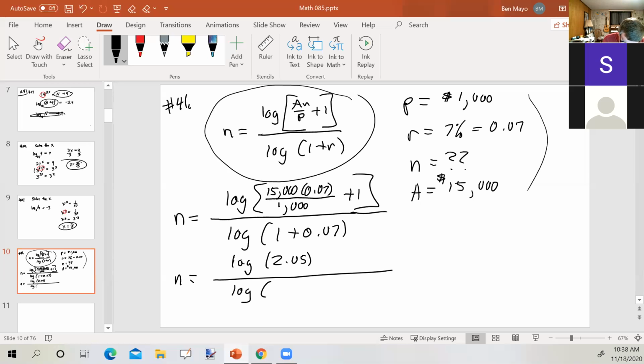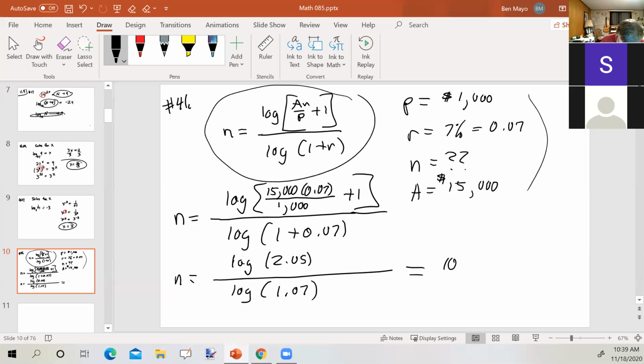And then in the denominator, 1 plus 0.07 would be 1.07. So I'm going to take the log of 2.05 divided by the log of 1.07. Let's see what I get. Log of 2.05 divided by the log of 1.07.